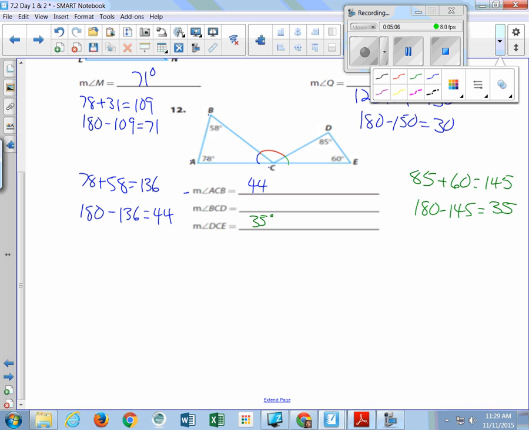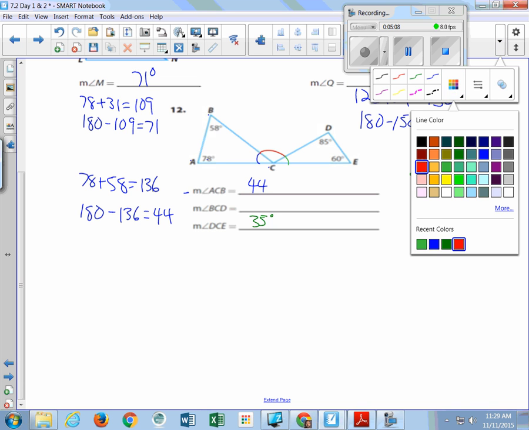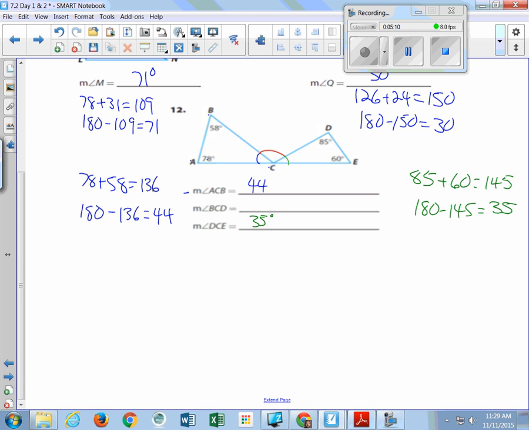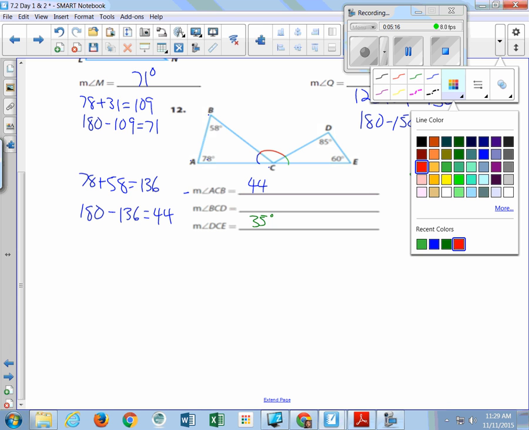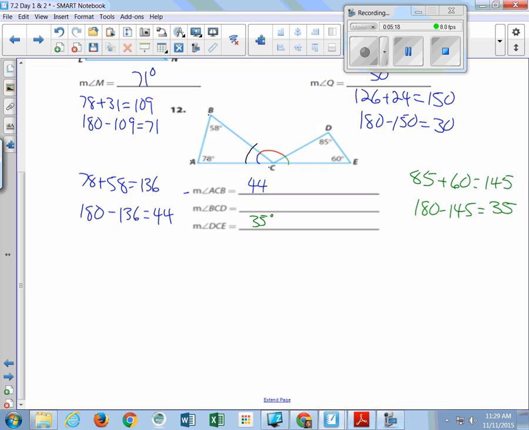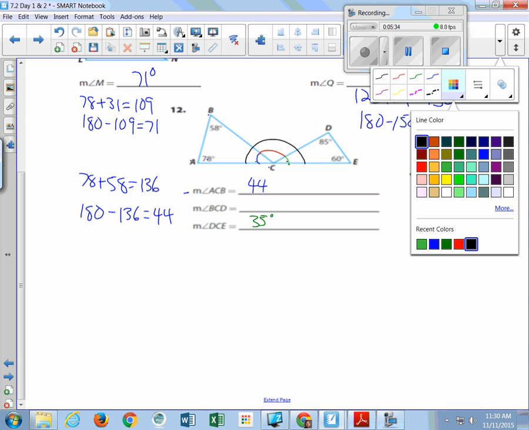Okay, now I'm going to switch to red. This line, in black, equals 180 degrees. We have the blue and the green angle measurements, so all we need to do is add those two measurements together and subtract from 180 to find that middle angle.